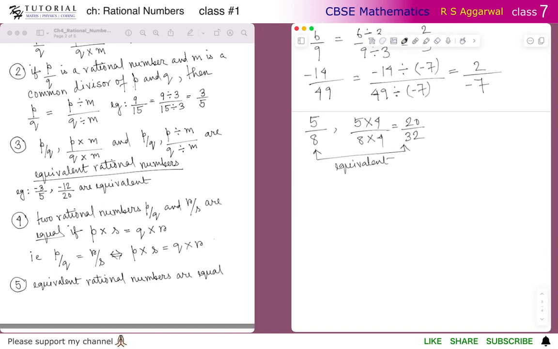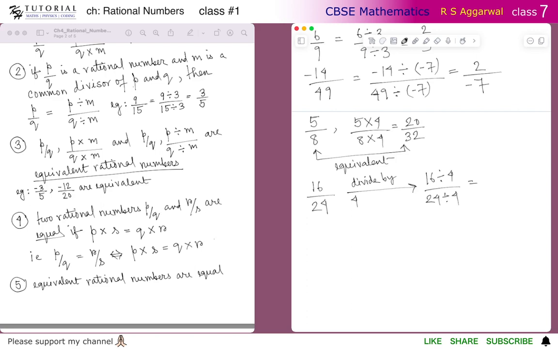Similarly, let's say I have a rational number 16 by 24, and what I do is I divide both the numerator and the denominator by 4, and you get 16 divided by 4, 24 divided by 4.